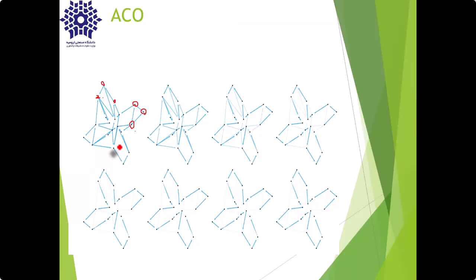In the TSP problem, we want to find the shortest path for the salesman. The traveling salesman problem is the problem where the traveling salesman must visit all the cities one time and then return to the original city. We want to help the traveling salesman find the shortest path for visiting all the cities.